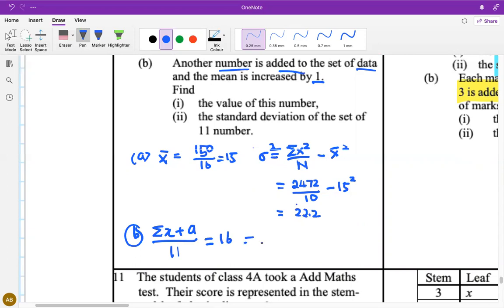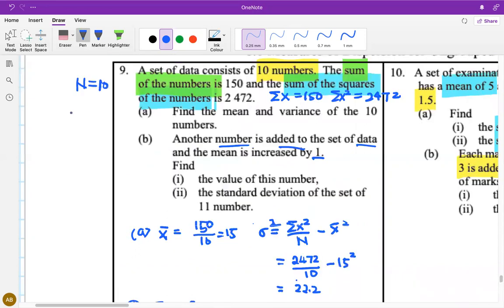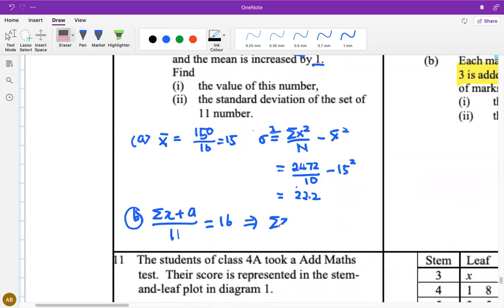So the original sum of x is 150. So 150 plus a equals 16 times 11. So your a should be 176 minus 150. So you get 26.